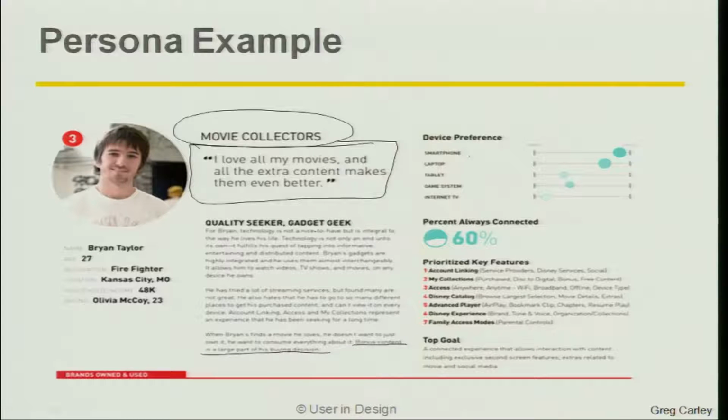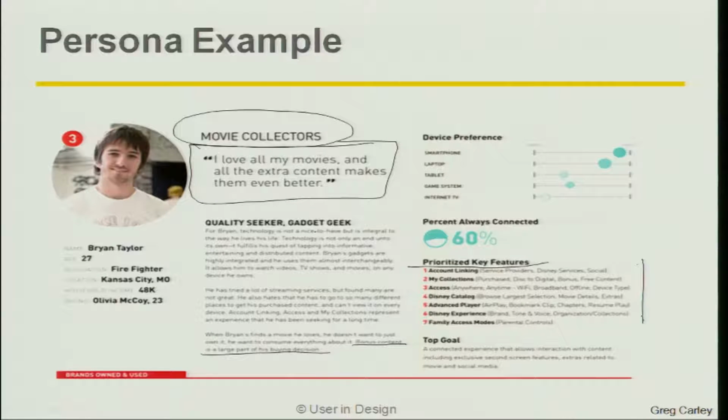And then his device preferences, smartphone, laptop, tablet, etc., right? And then what are his prioritized key features? Perhaps you've asked him, if you had the ability to have a Disney catalog, my collections, family access, movies, etc., modes, so what would they be? And this is how he's prioritized it.